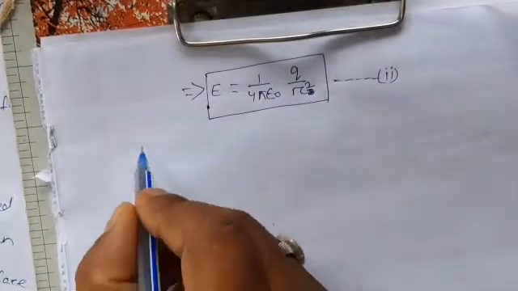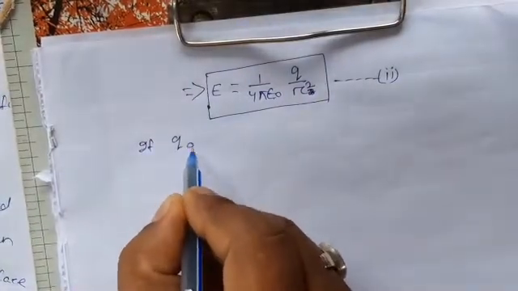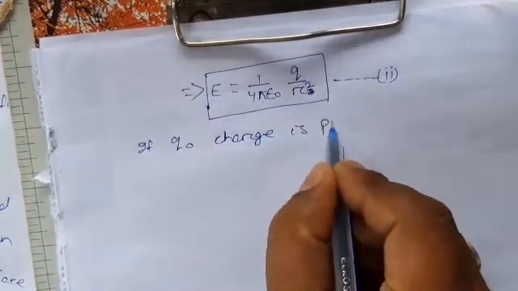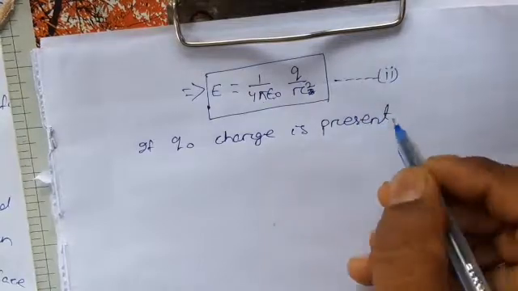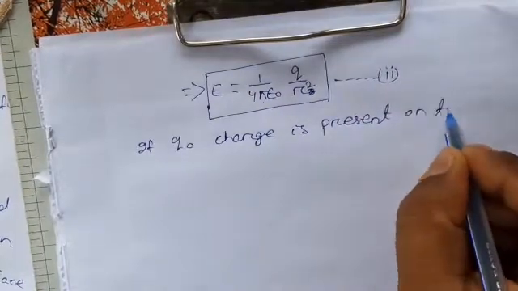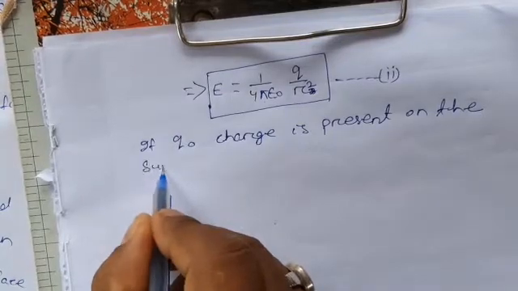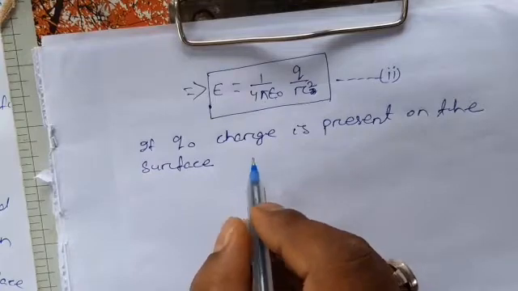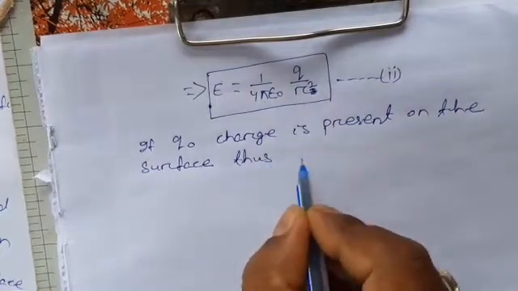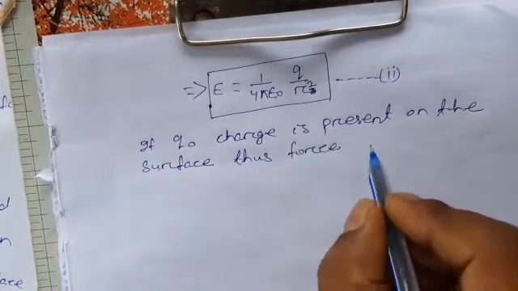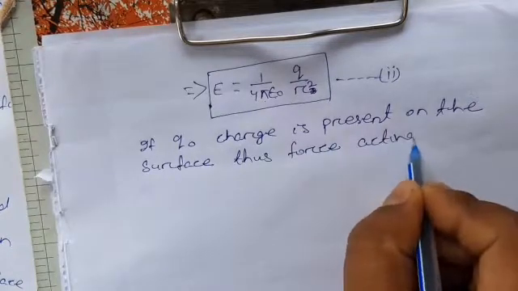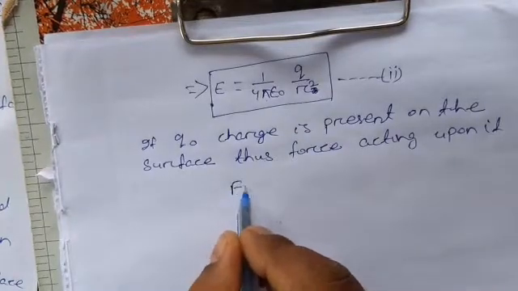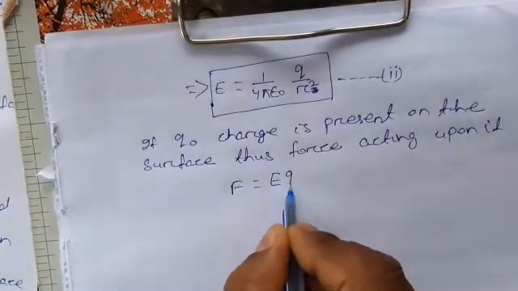So we can write, if Q0 charge is present on the surface, thus force acting upon it, I can say this force equal to E into Q0.